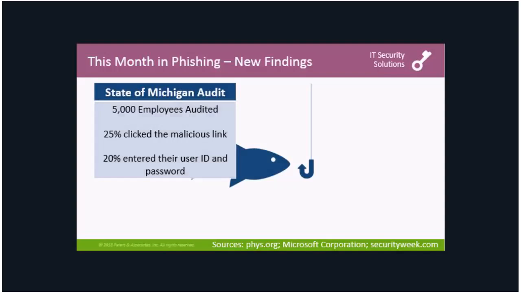5,000 employees were audited. 25% of those employees clicked the malicious link in that email, and 20% of those employees entered their user ID and password. In total, that is 250 employees for the state of Michigan that just gave access to the network.